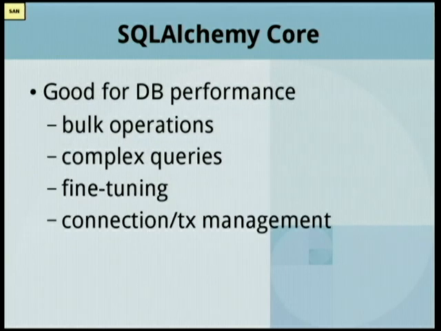Like I said, the ORM level is somewhat unnecessary when you're doing data flow processing. So we're looking just at the core. It does those bulk operations. You can fine-tune it. Ultimately, this stuff is just generating SQL, and so if you need to, you can dive into lower layers of the SQLAlchemy infrastructure and fiddle with it to make things work better.